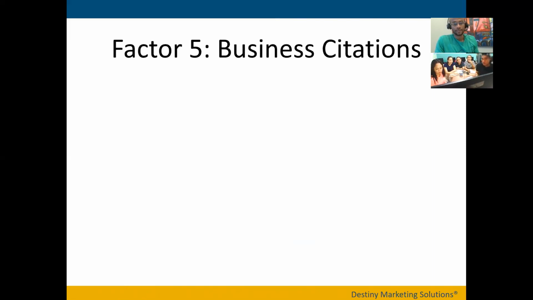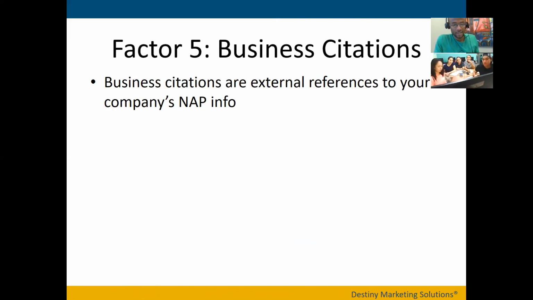Very good, Jarek. Business citations are external references to your company's name, address, and phone information. Remember when we talked about how it's important that you have that name, address, and phone information on your website, and that it's consistent? It's also important that it's consistent and accurate on other websites.